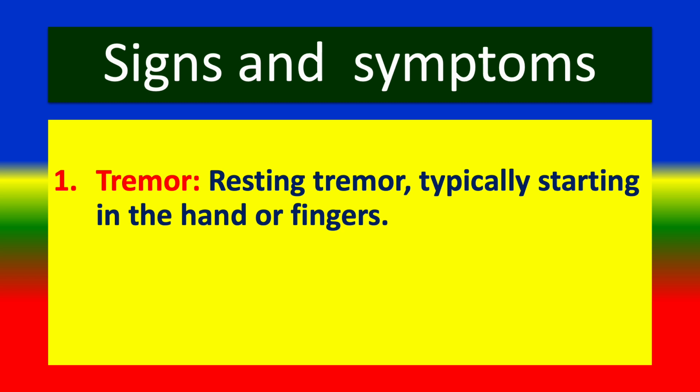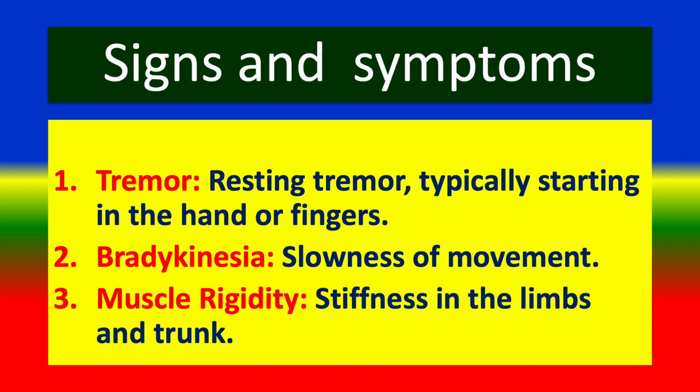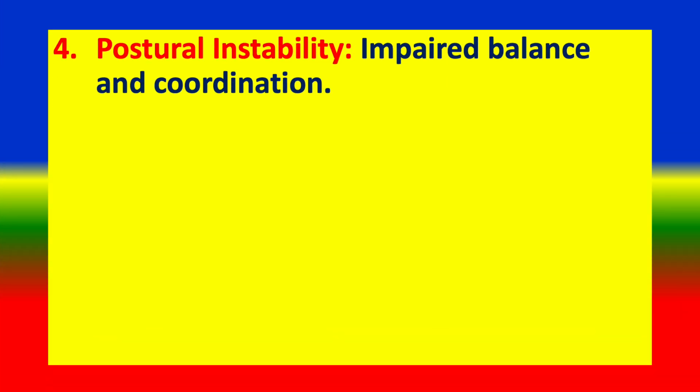Signs and symptoms: 1. Tremor, resting tremor typically starting in the hand or fingers. 2. Bradykinesia, slowness of movement. 3. Muscle rigidity, stiffness in the limbs and trunk. 4.